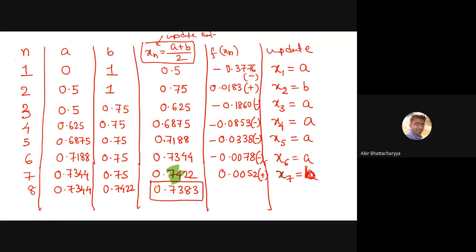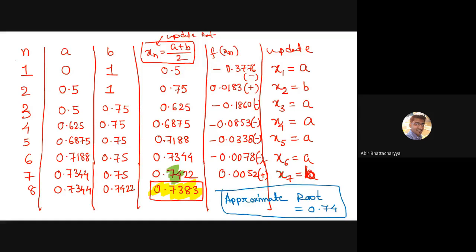Your answer will be 0.74. Okay, so write down: approximate root is equal to 0.74 up to 2 decimal places.